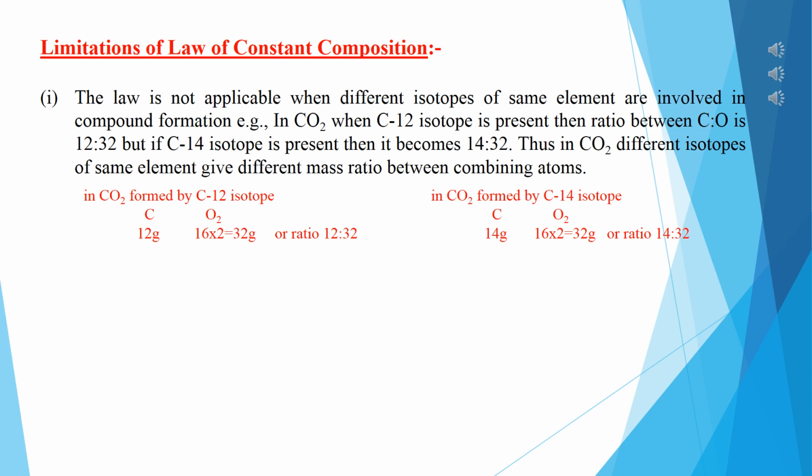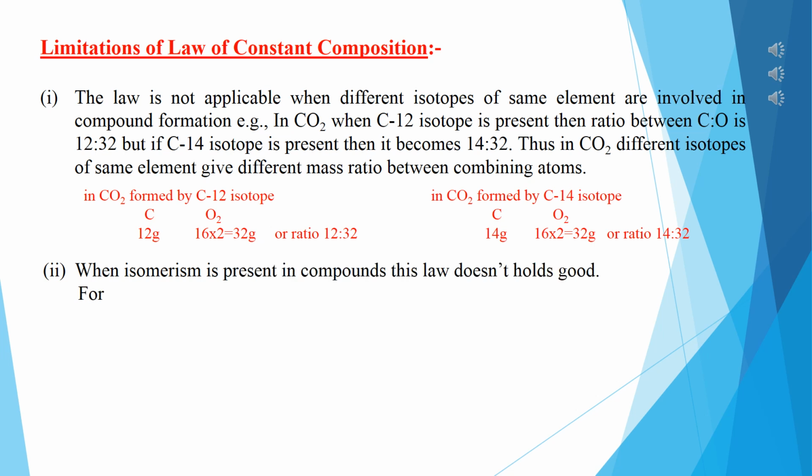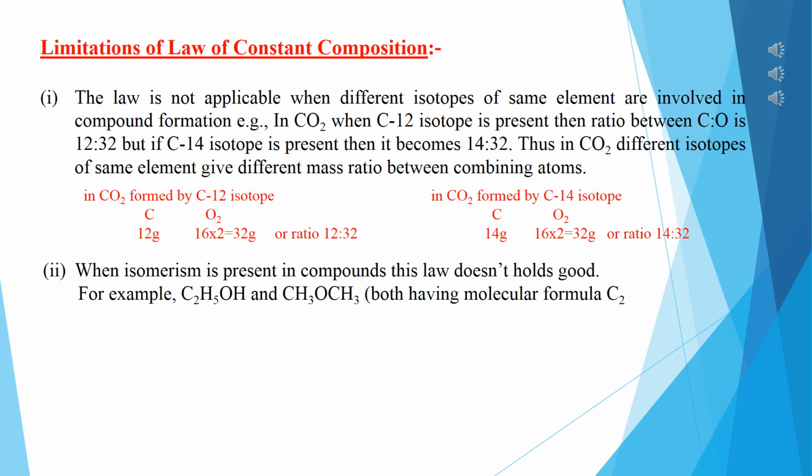The second limitation is that when isomerism is present in compounds, this law does not hold good. For example, ethyl alcohol and methoxymethane, both having the molecular formula C2H6O, are known as isomers.